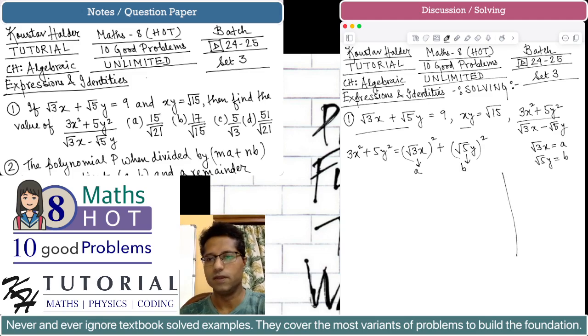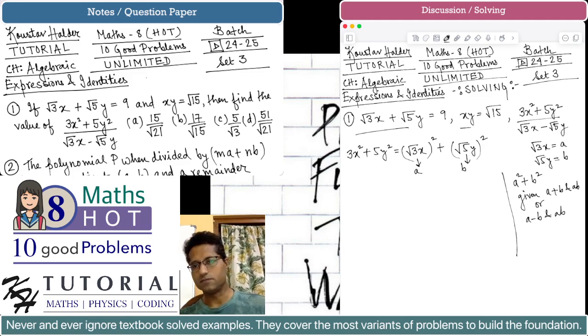You must be very familiar with finding the value of the expression a square plus b square when you are given a plus b and ab, or you are given a minus b and ab.